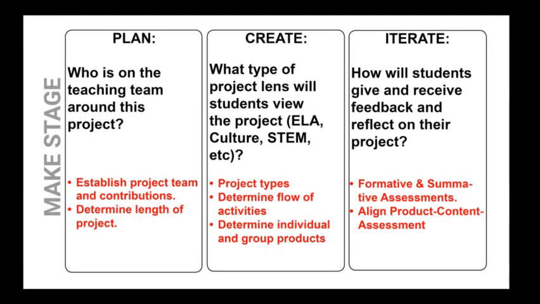Then we start looking at, well, what's the lens that we're actually going to put that project into? When we talk about a lens, especially in design, we're really thinking about kind of like typology. So a project typology would look a lot like, we're going to do a storytelling project, or a cultural study, or a STEAM discovery.